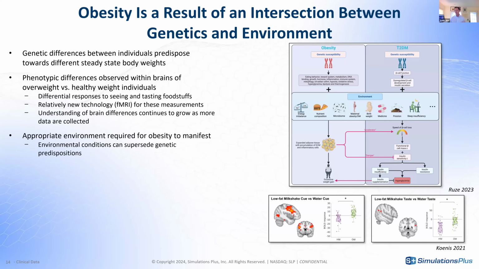And so, again, coming into a specific environment, individuals will respond differently. That said, of course, the environment can certainly take over and push an individual towards that positive calorie balance, that weight gain.